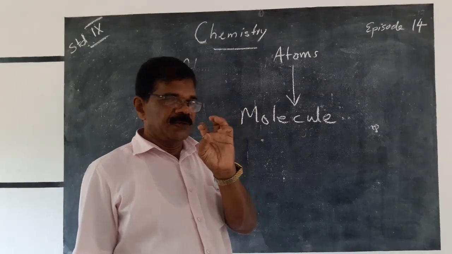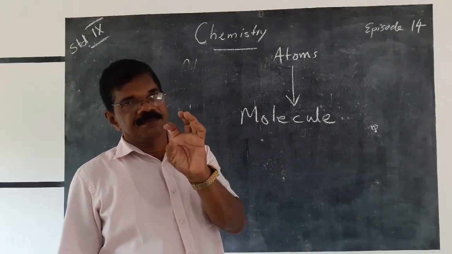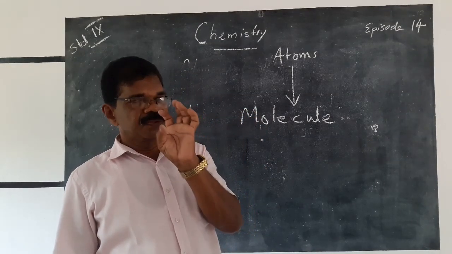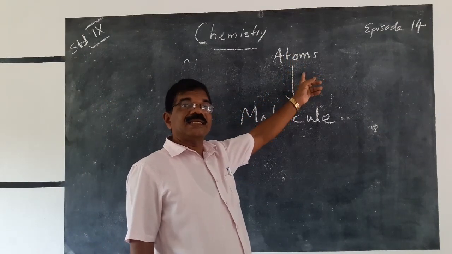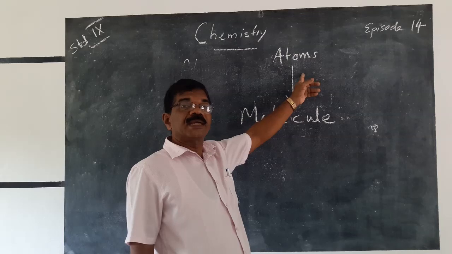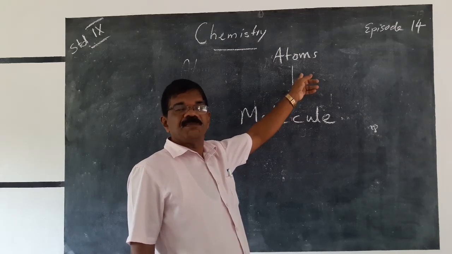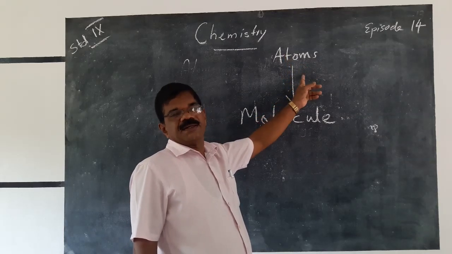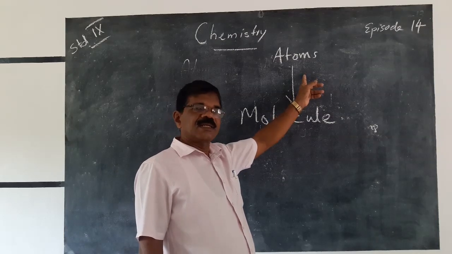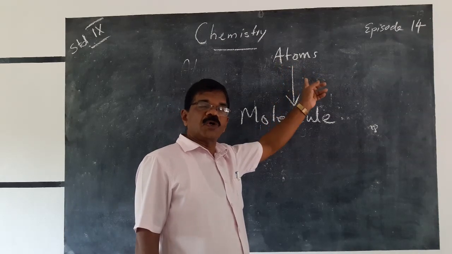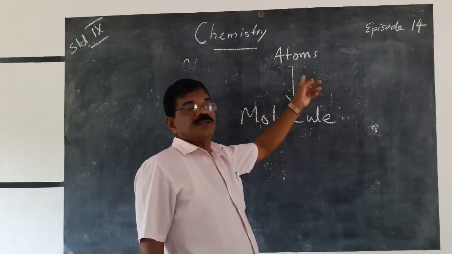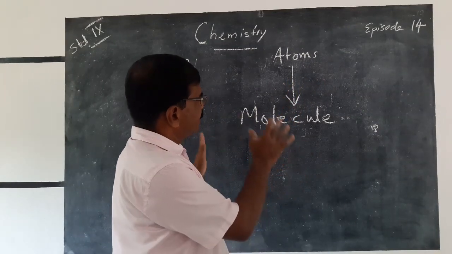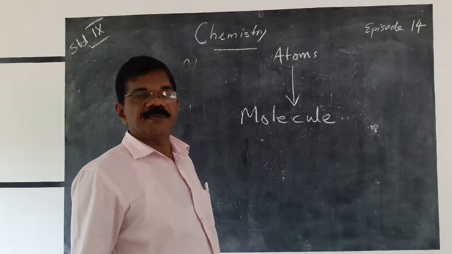So, when you hear atom, you remember two things. It is the smallest indivisible particle of a substance; atoms cannot be divided. And it is the building block of all the materials present in the universe. These atoms combine to form molecules.